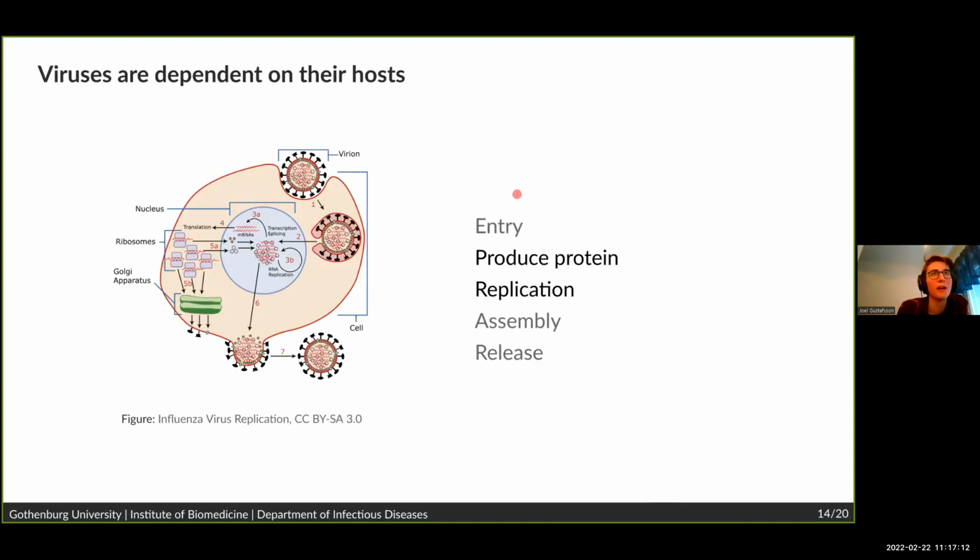And just to remind you, viruses rely on their host to produce their proteins, at least in many cases, so that should have an impact on the genome. At least that's the idea.